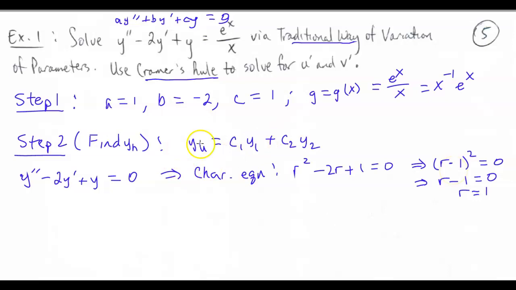So in the language of second order linear homogeneous equations, this is a case 2 situation. What this means is that our homogeneous solution is just going to be, our basis functions are going to be e raised to the x and x times e raised to the x.